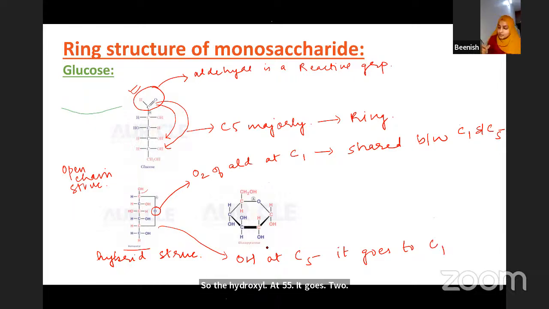Now you can see a ring structure is formed, which is known as pyranose. And in this case, since we're talking about glucose, it is known as glucopyranose. Now you can see this is carbon 1, this is carbon 2, this is carbon 3, this is carbon 4, 5, and 6.